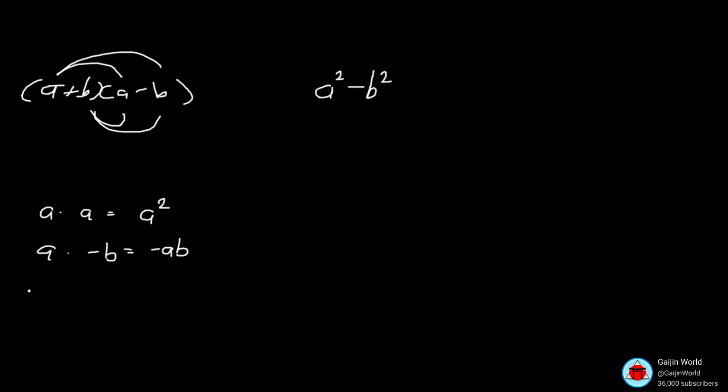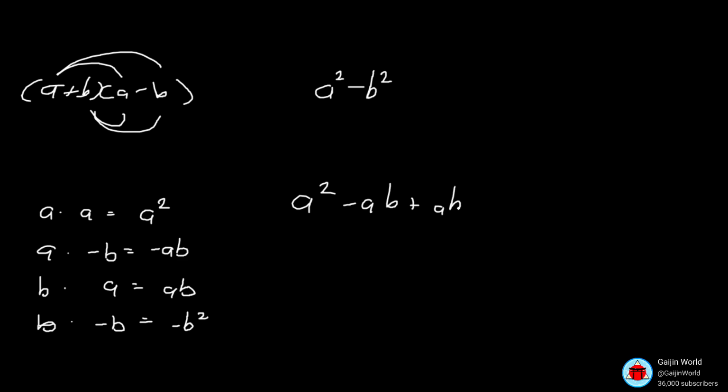Next is B times A, which would be AB. And then lastly, B times minus B would be minus B squared. Now you've got this, right? Let's put it like this. It'll look like this, right?